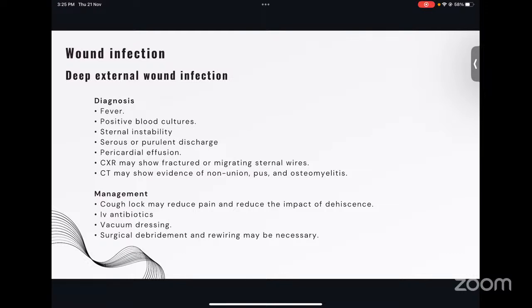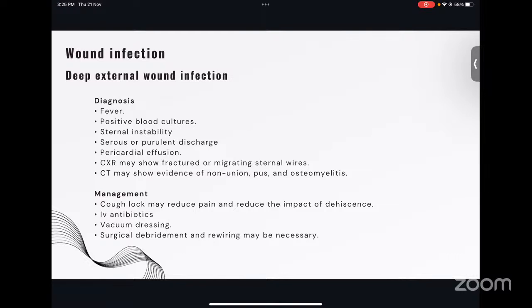There may be serous or purulent discharge and wound dehiscence, pericardial effusion, and chest X-ray may show marginal sternal wire or fractured sternum.